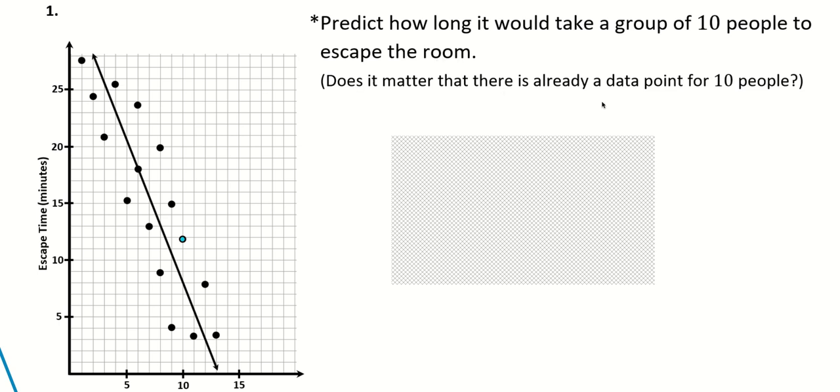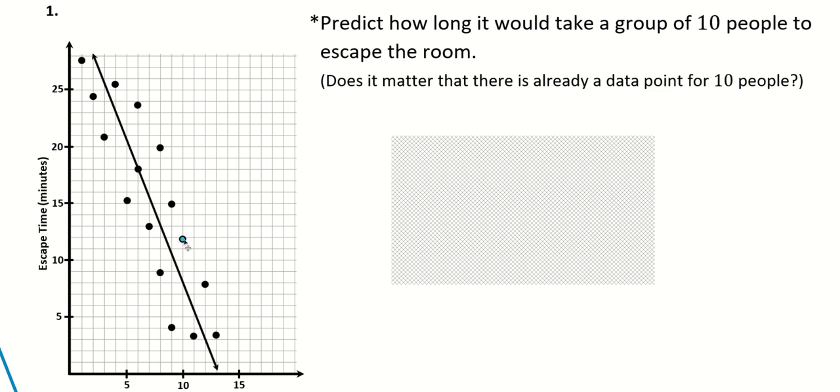And a little bit of subcontext here, or the teaching point. Does it matter that there's already a data point for 10 people? If we had a table for this, you would see that a group of 10 took 12 minutes.